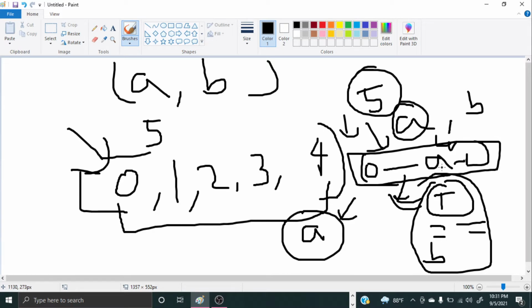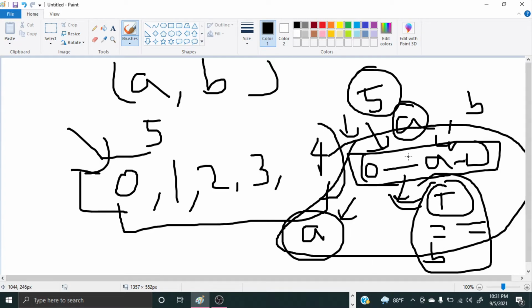From 0 till a minus 1, there are A values. That's the case where the XOR of the least values we're bound to put is equal to B, then the answer is A. We're fulfilling both conditions: the MEX is A and the XOR is B.